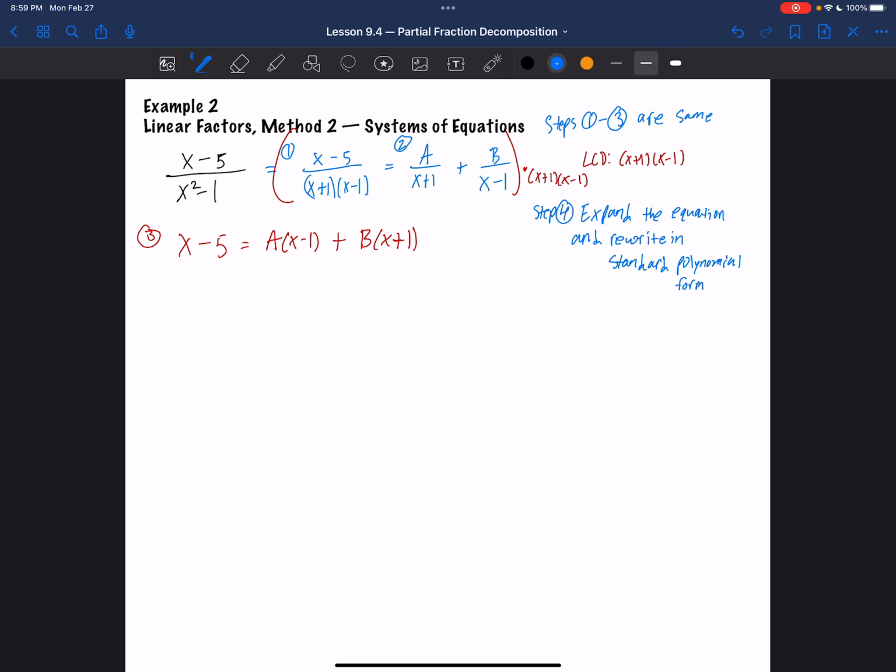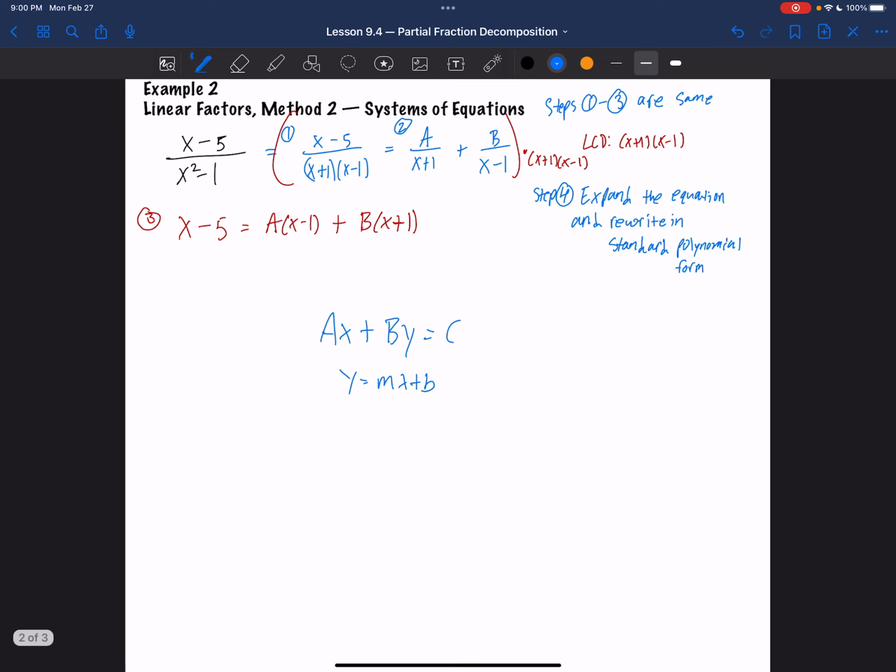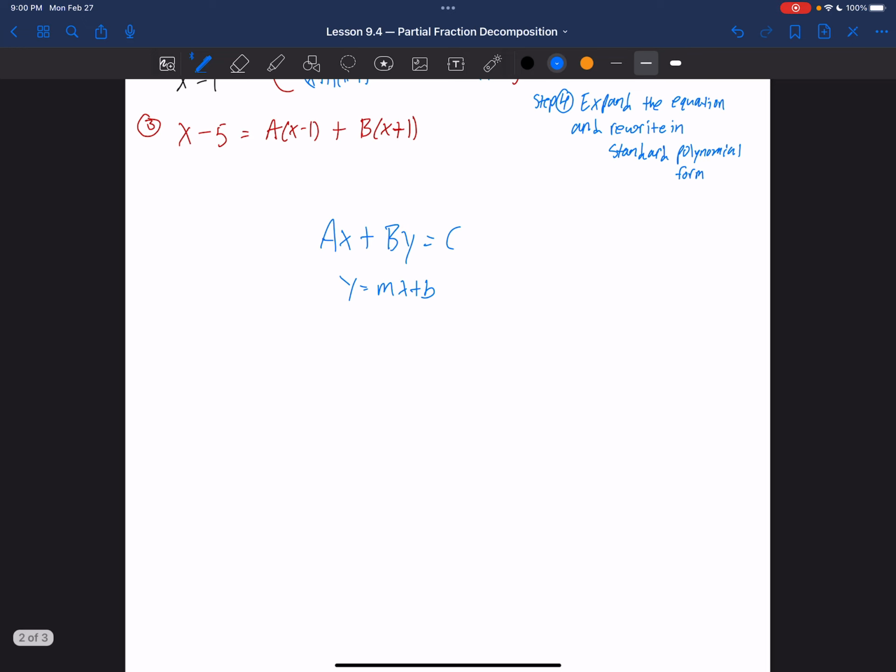In Algebra 1, we tell you that ax plus by equals c is standard form for a linear equation, which is true. And we tell you that y equals mx plus b is called slope-intercept form, which, okay, fine. But standard form for a quadratic is y equals ax squared plus bx plus c. Standard form for a cubic is ax cubed plus bx squared plus cx plus d. And for power of 4, it would be ax to the 4, bx cubed, cx squared, dx plus e, right?